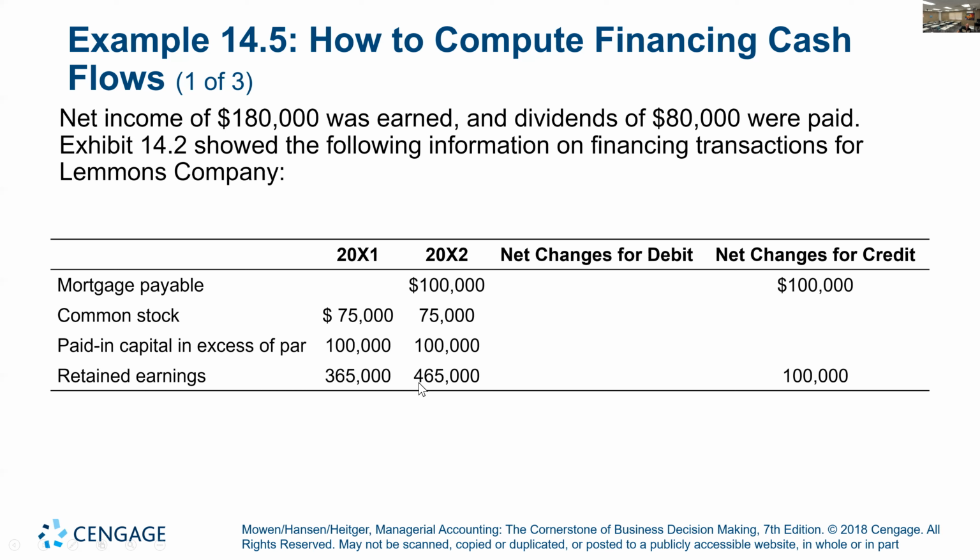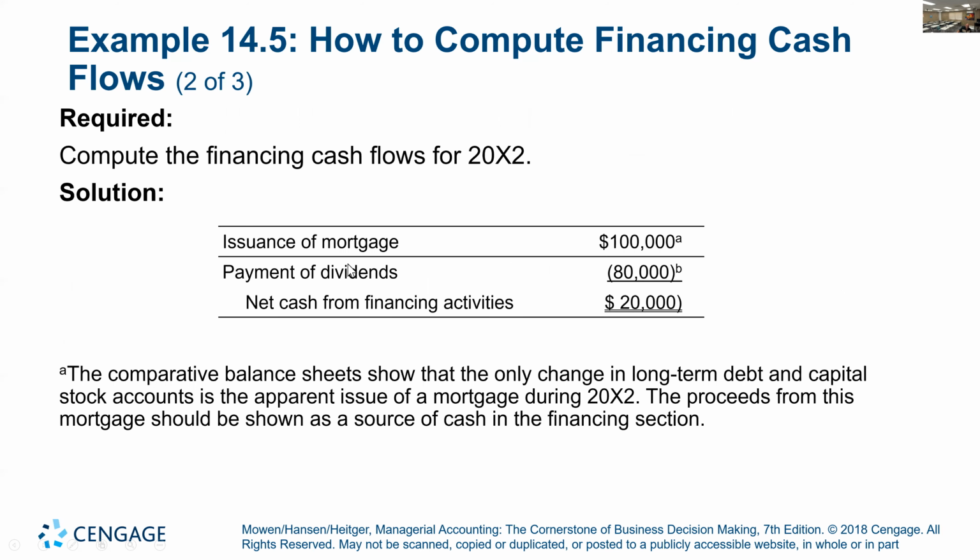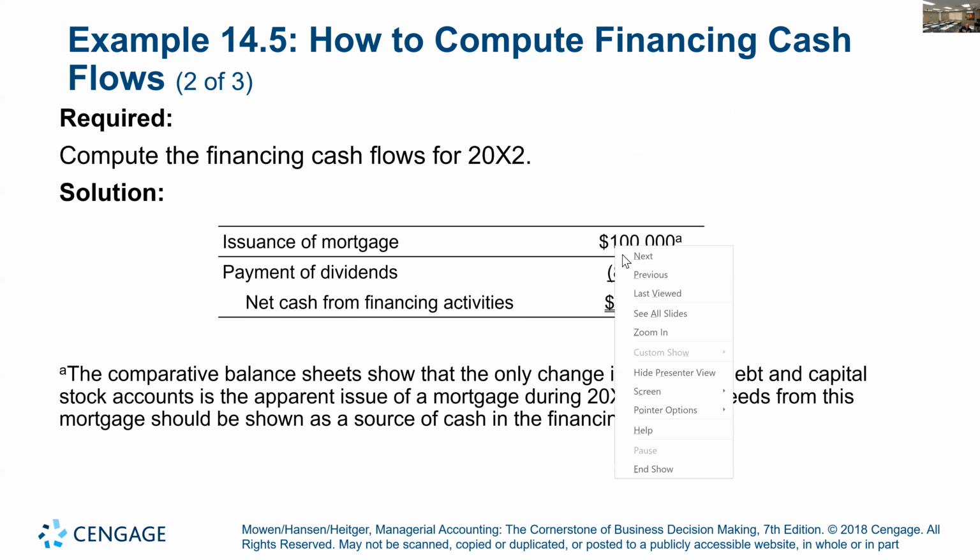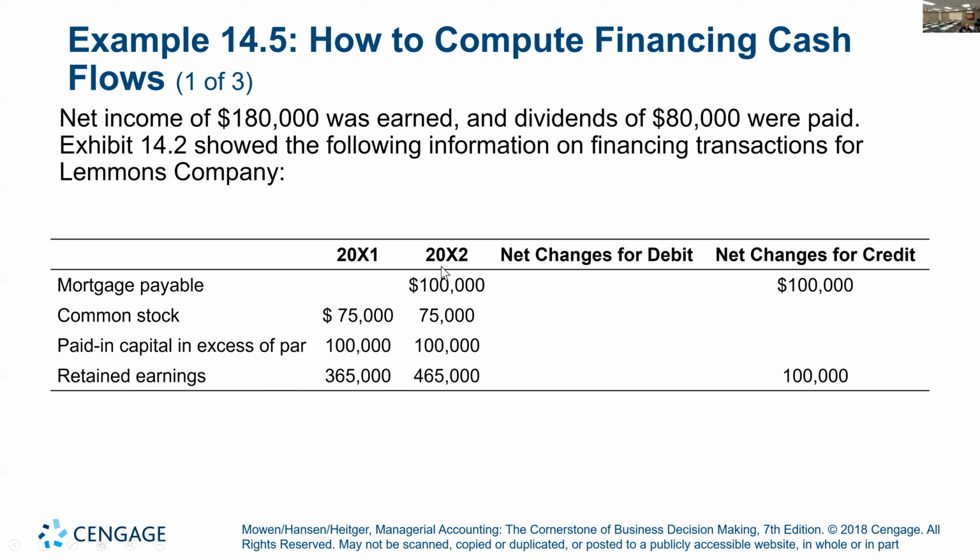Retained earnings. Well, here, what goes into retained earnings? We need to remember retained earnings. We can take our beginning balance, add in our net income, and then subtract out any dividends. Okay, to get our ending balance. So we had no mortgage. Now we have a mortgage payable.